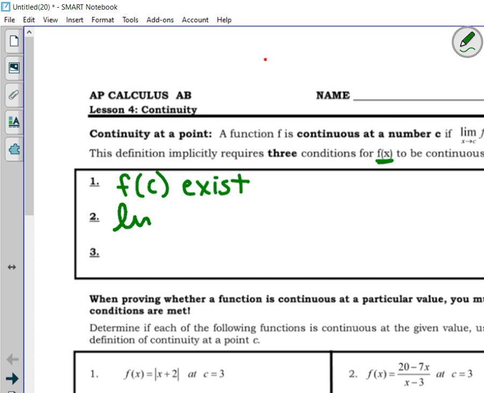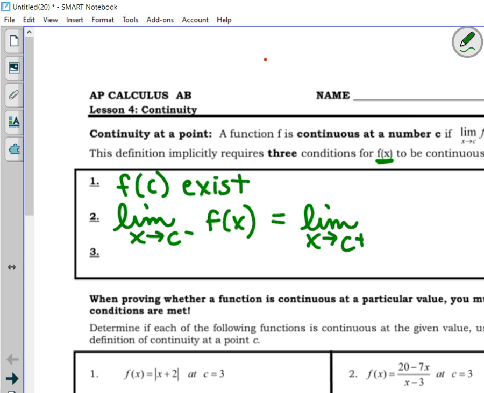We need the limit as x approaches c from the left of f of x to equal the limit as x approaches c from the right of f of x, which means that the limit as x approaches c of f of x exists.